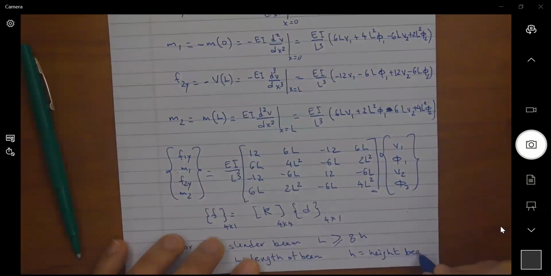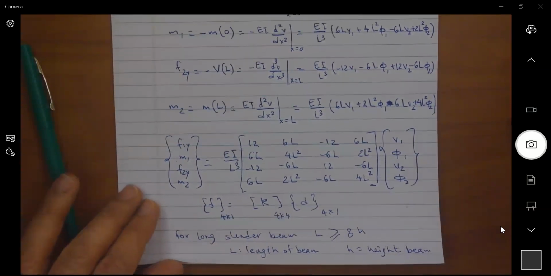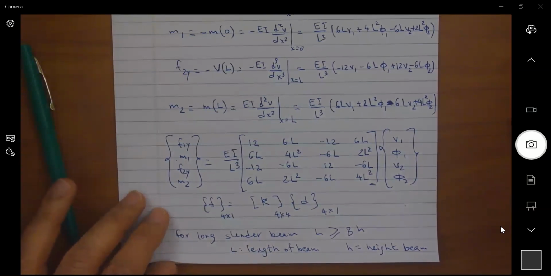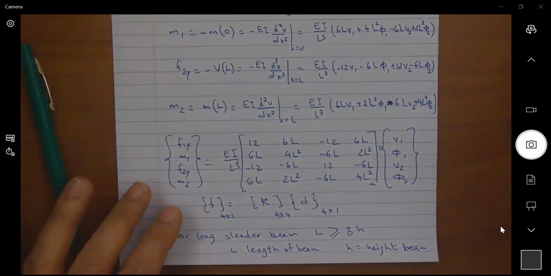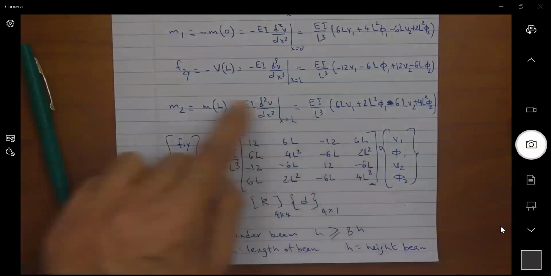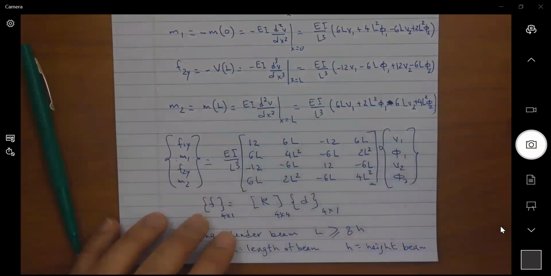So this is how we ensure or consider the beam to be long and slender. If L is less than 8H, you want to use the Timoshenko beam theory, not the Bernoulli-Euler beam theory. And the stiffness matrix of the beam, K, of course, is given by this term here as a 4 by 4.